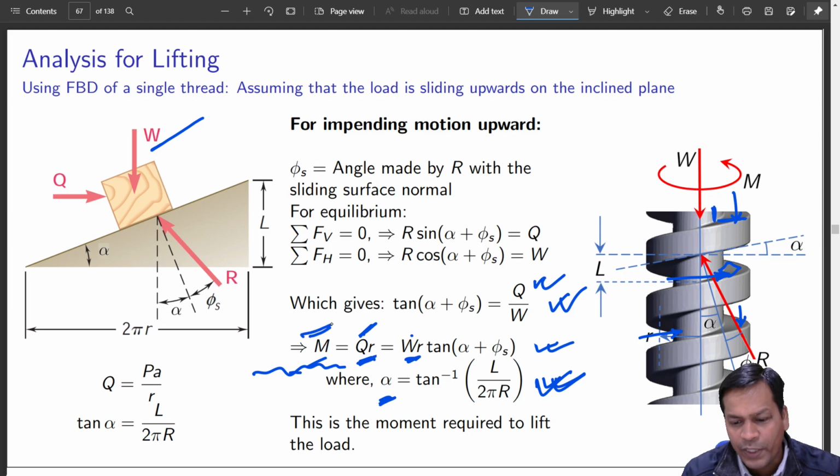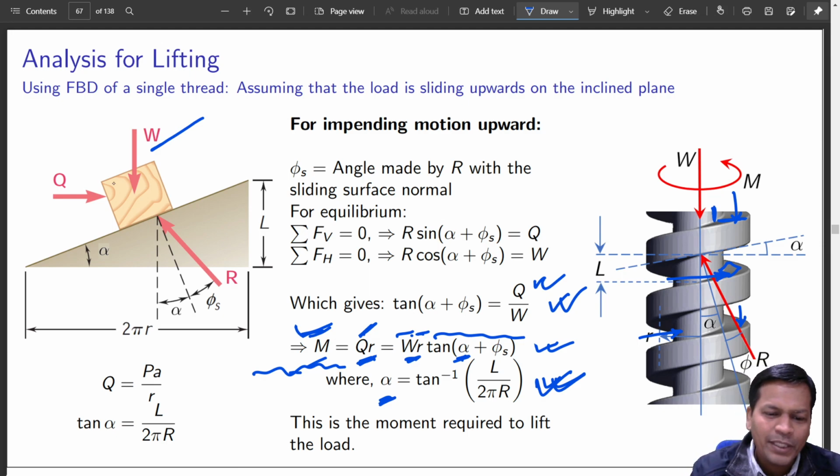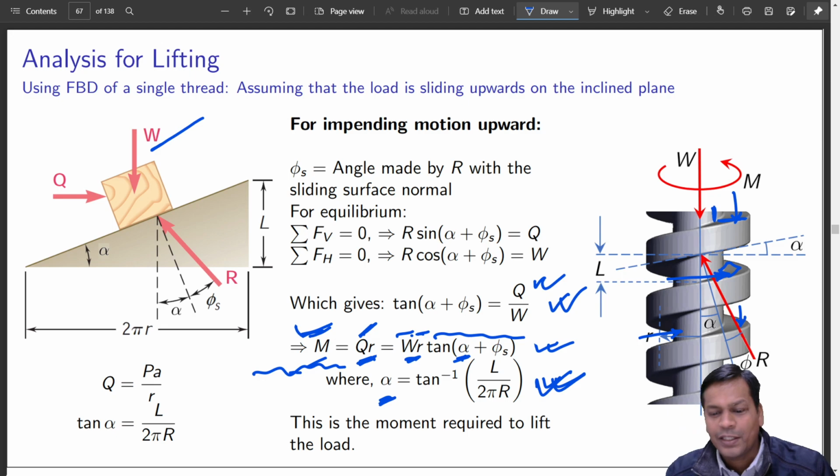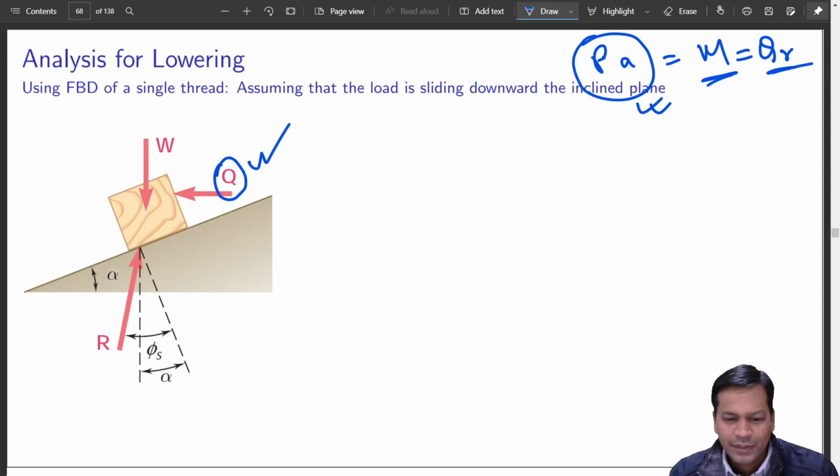So this is the moment that is given by load, radii, angle of friction and helix angle. Those are the things which are of interest, right? So QR is the internal moment that is generated because of the external load. Okay.